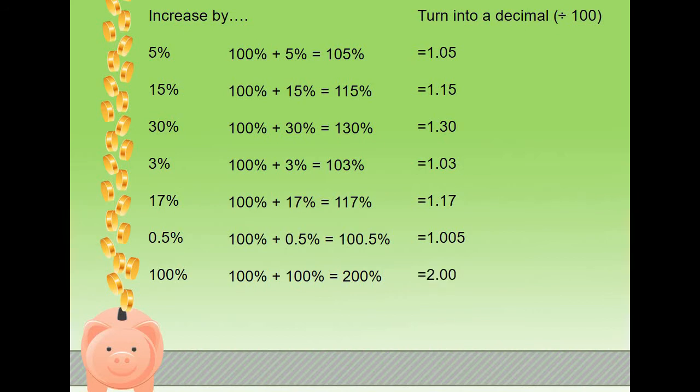Okay, so increasing by a percentage, add it on to 100%, divide it by 100 to turn it into a decimal, and then multiply by the amount of money or whatever it is that you're increasing.